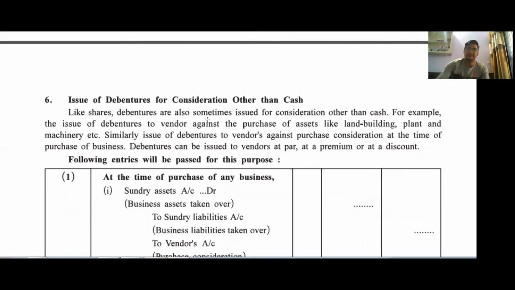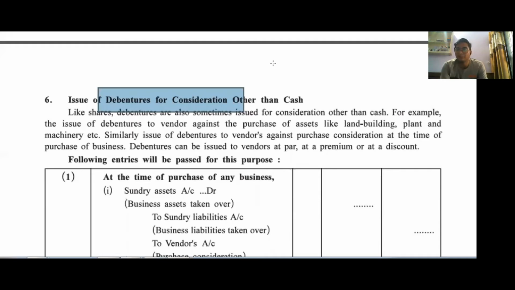Next one, yes, this is another topic: issue of debenture for consideration other than cash. It means debentures are issued but the consideration is other than cash, so for this extra liability, there is no need to pay any kind of cash.